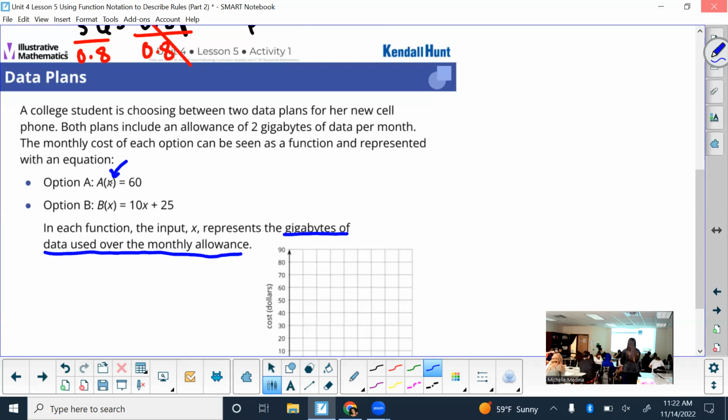So anything that's in the parentheses is going to be gigabytes of data used over the monthly allowance. All right, so in addition to the monthly allowance. And then what must the output mean? So like, what must the 60 mean in option A?